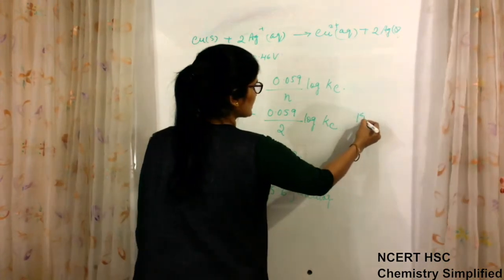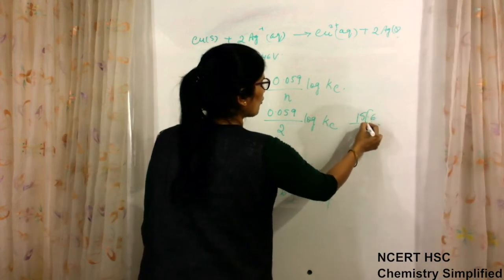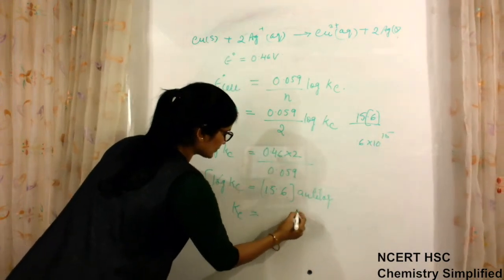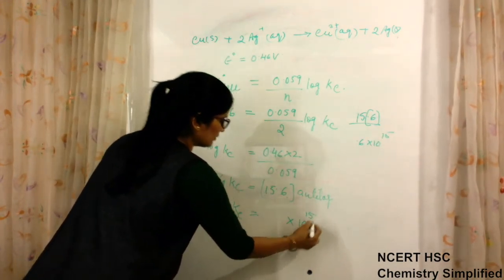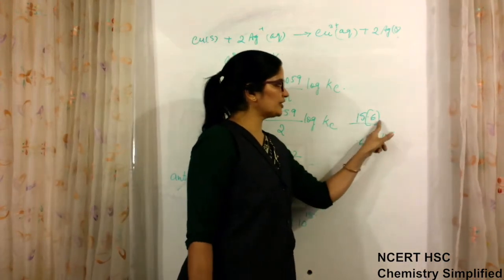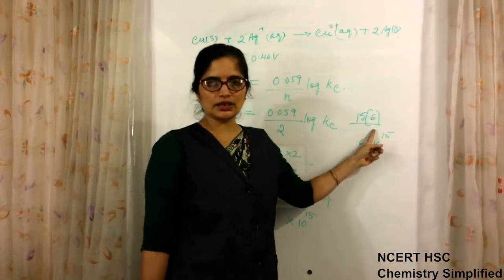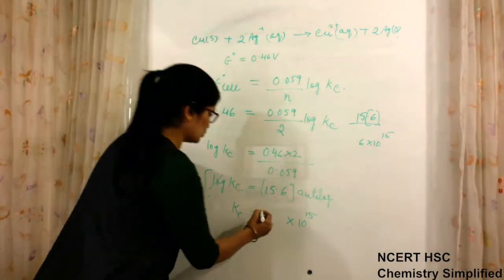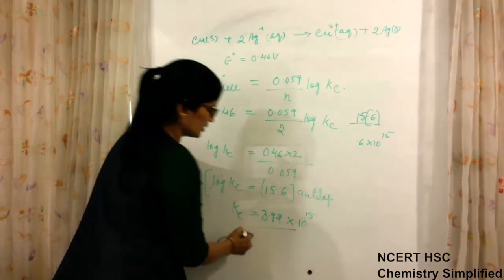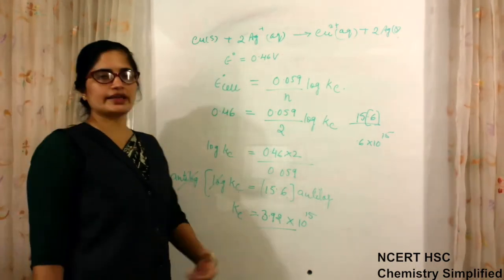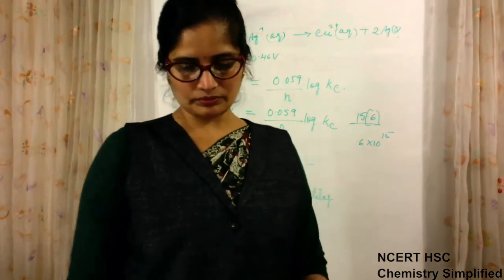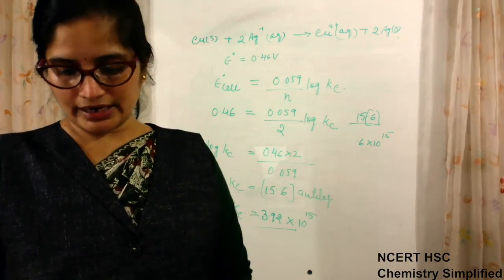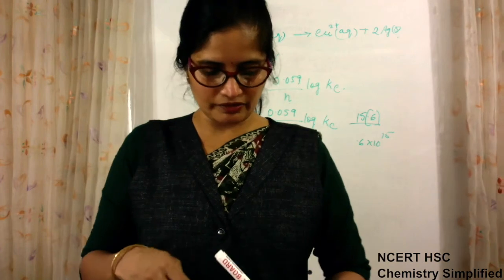If 15.6 is given, you see the anti-log of 0.6 and write 10 to the power 15. The 15 goes in the power, and for the value after the decimal, we see the anti-log table. The anti-log of 0.6 comes 3.92. So that is the answer for Kc. Tomorrow in the class we'll also learn to find anti-log, so all should keep an anti-log table with them.